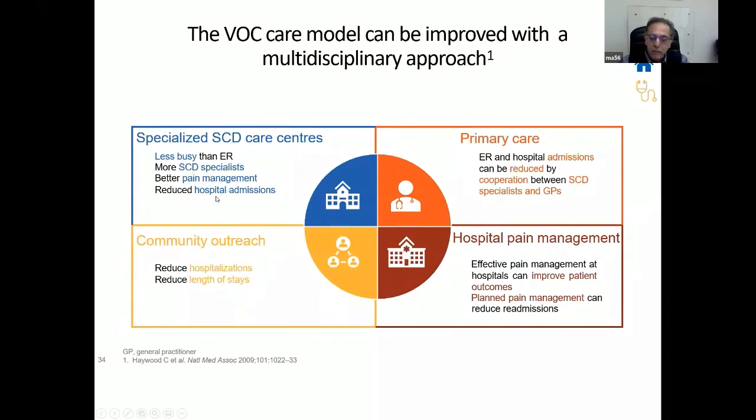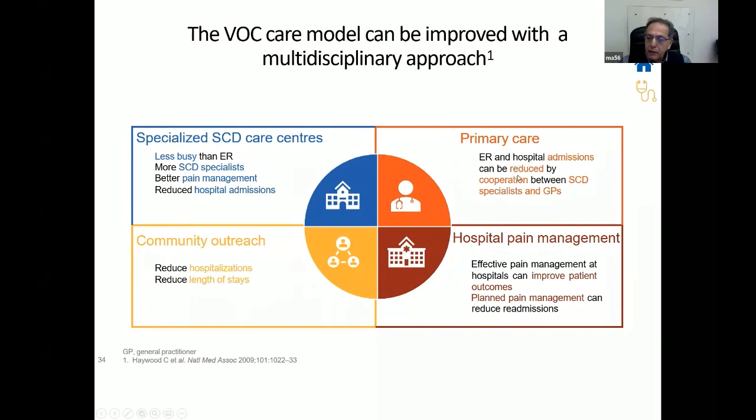Better pain management and reduced hospital admissions have been associated with patients who are treated in sickle cell care centers. We are going to need community outreach to really educate these patients, and this has been shown to reduce hospitalizations and reduce hospital stays. Now, what about primary care?